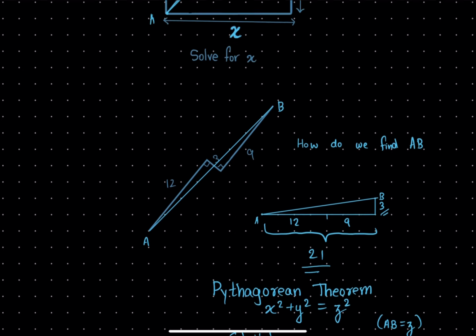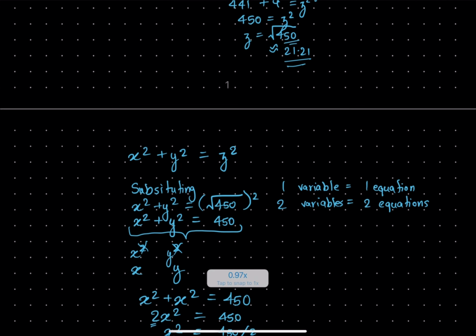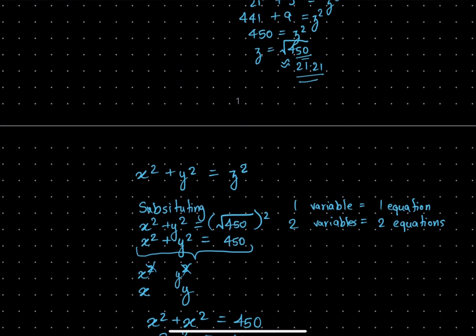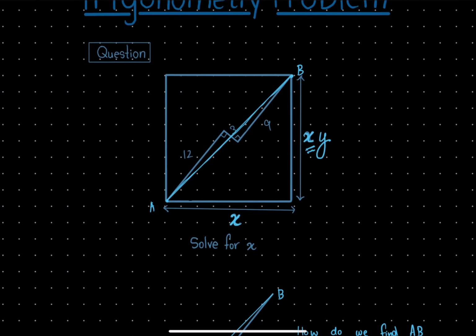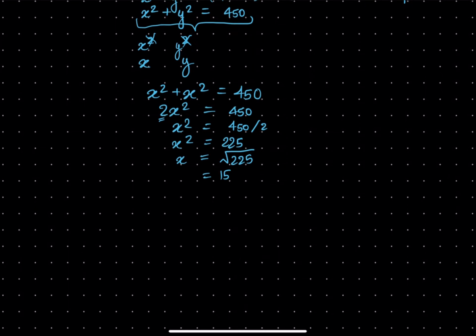So after all of these equations, we can tell that the value of x is 15. So x is 15. I should probably write that down. The value of x is 15.